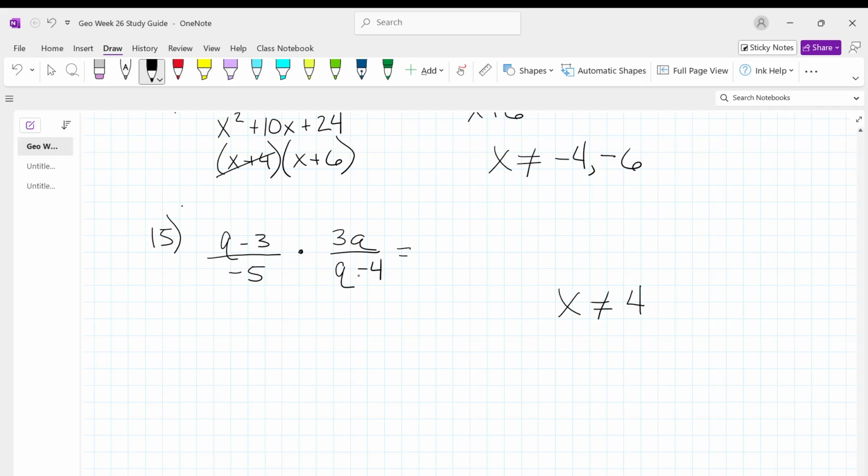That would create a 0 in this denominator. And there's nothing we can simplify at this stage, so we're going to multiply. We would have 3q times q minus 3 in the numerator, and in the denominator, -5 times q minus 4.